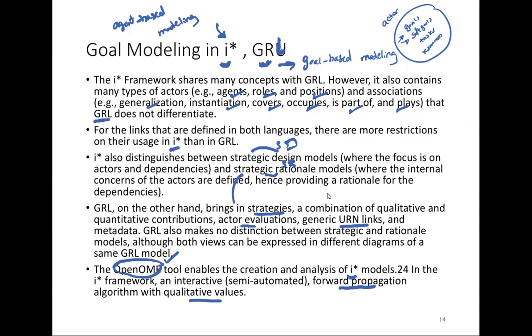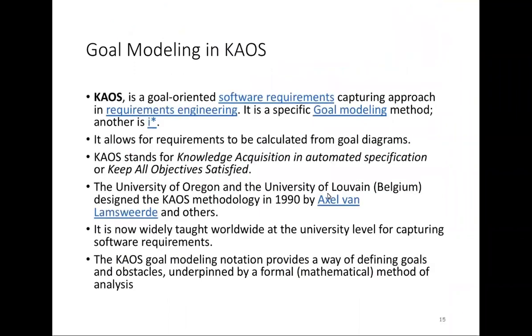It's a variation of the I-star, but a little bit simpler. On the other hand, there are different language notations that can be used to model goals, using the knowledge acquisition in automated specification.